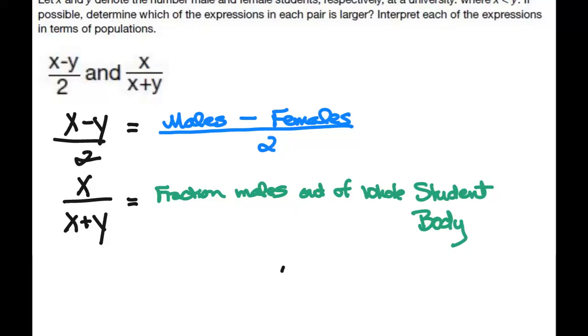There's subtraction in the first expression, and the second expression has addition instead of subtraction. Well, but the addition is in the denominator, so you can't really compare those. I see what you're saying, but they're not comparing the same things.